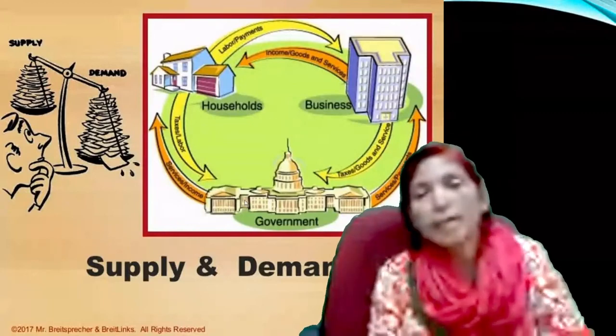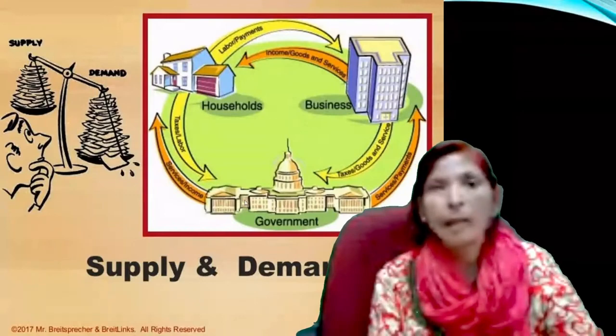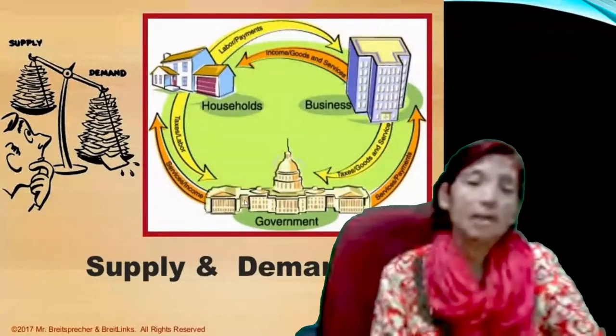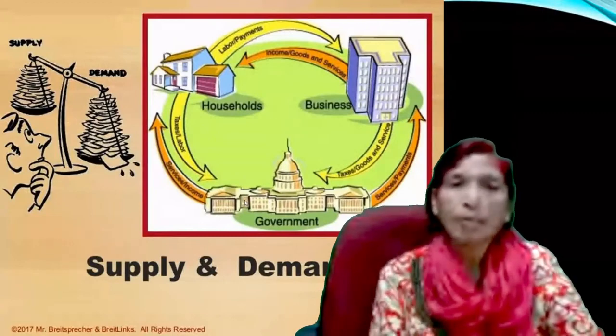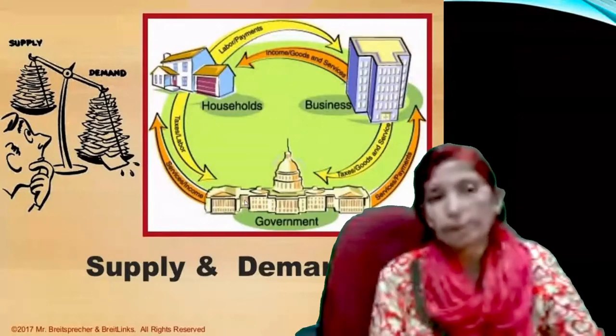Household always provides four factors of production, like land, labor, capital and entrepreneur, to the firm sector or business sector, and the business sector provides goods and services to the household sector.